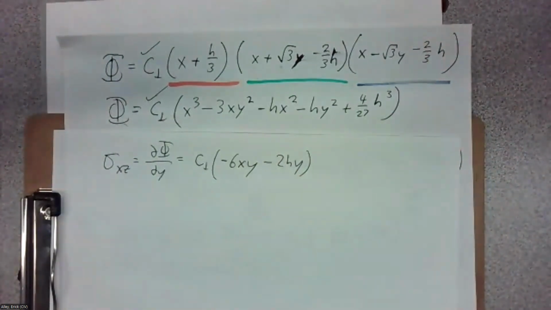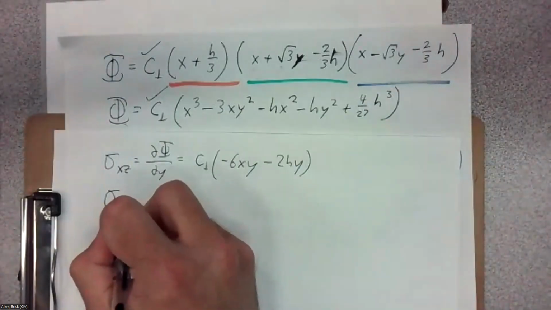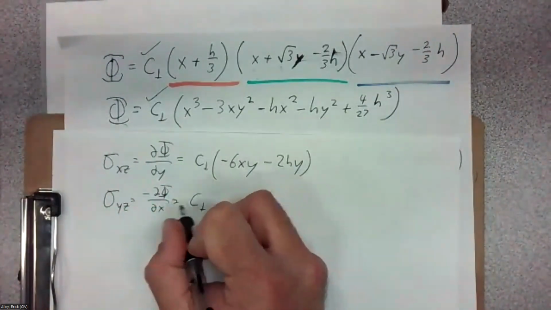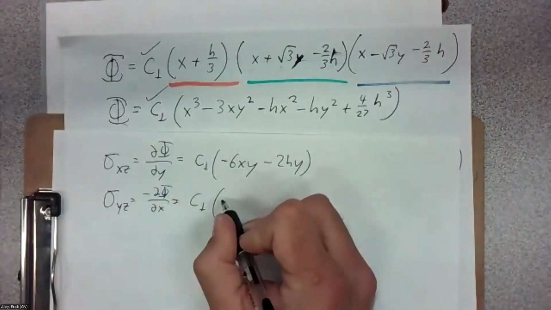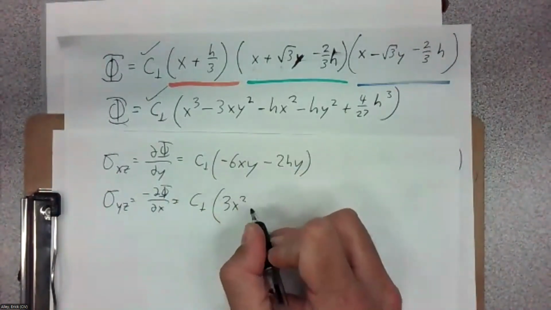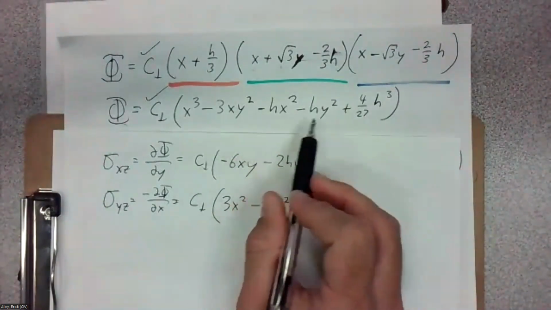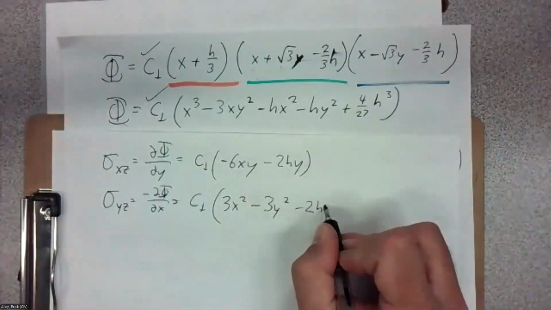So I got that sigma xz. My sigma yz, minus partial Prandtl partial x, is going to be C1, and then I got 3x squared minus 3y squared, and what's left over here, minus 2hx.